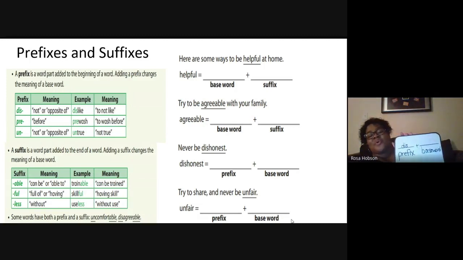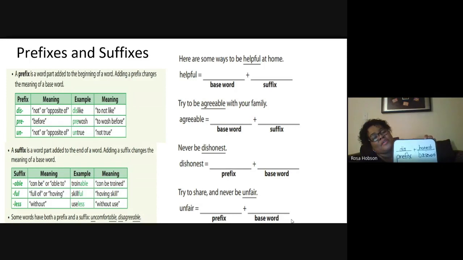And the base word is honest. You got it. Honest. Great job.